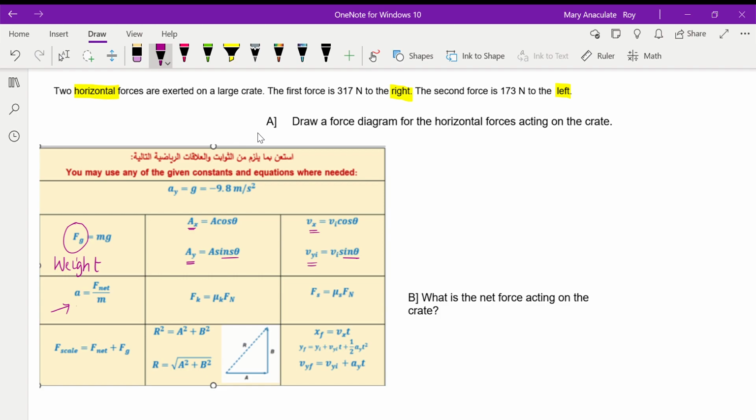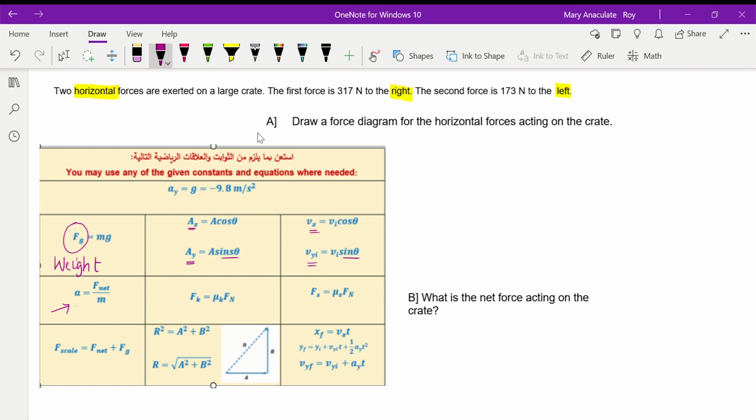And here you have F net plus Fg, and here we have equations of motion. Alright, and we'll be using one or more than one formula in a particular question. So they give you a sample of the formulas that are required for that particular question above. So you should know when and how to use it. Alright, coming back to the question.